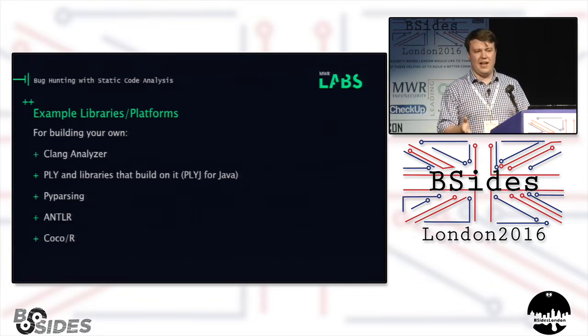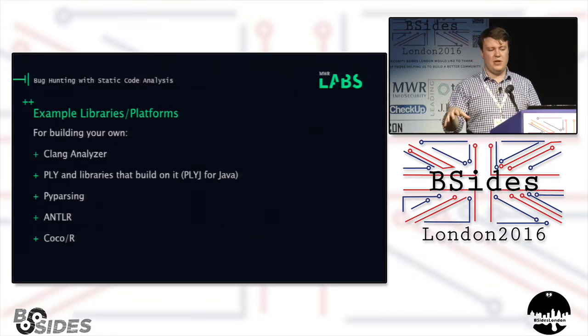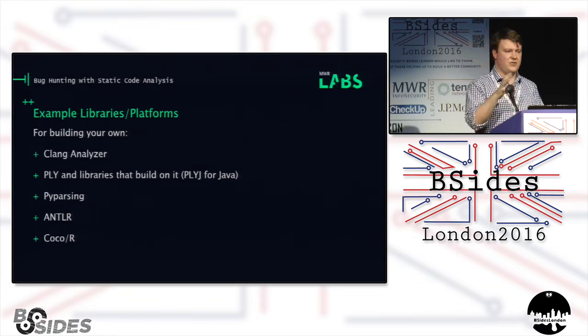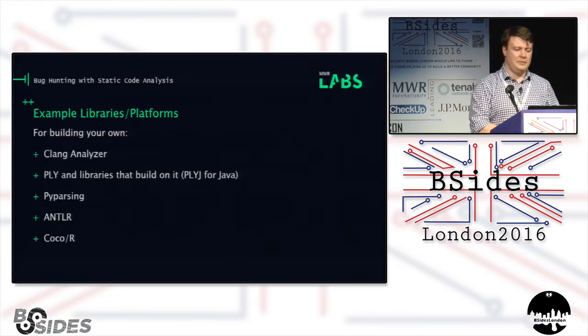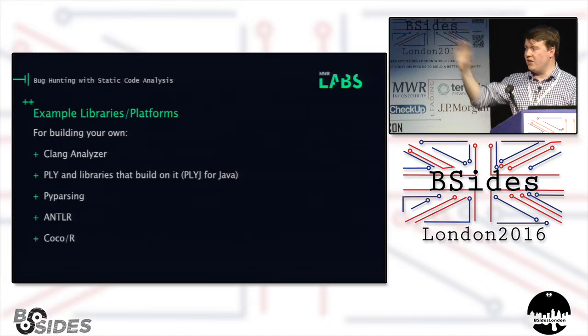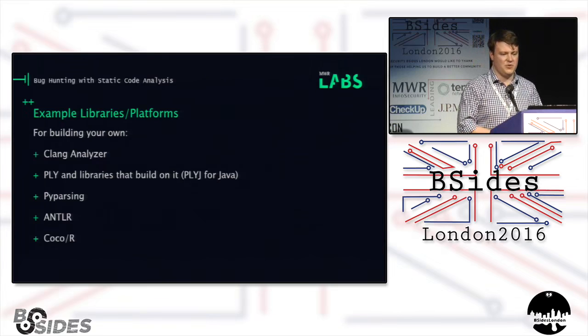But also because of the way Clang works and the way it's been nicely separated out into different chunks of libraries, you can actually use Clang's front-end syntax parser and so on to build an analyzer off the back of the abstract syntax tree it builds. There's quite a steep learning curve there, but Clang is really, really powerful. So if you're looking at anything Clang supports and you wanted to build your own, that would be one of the places I'd recommend starting.